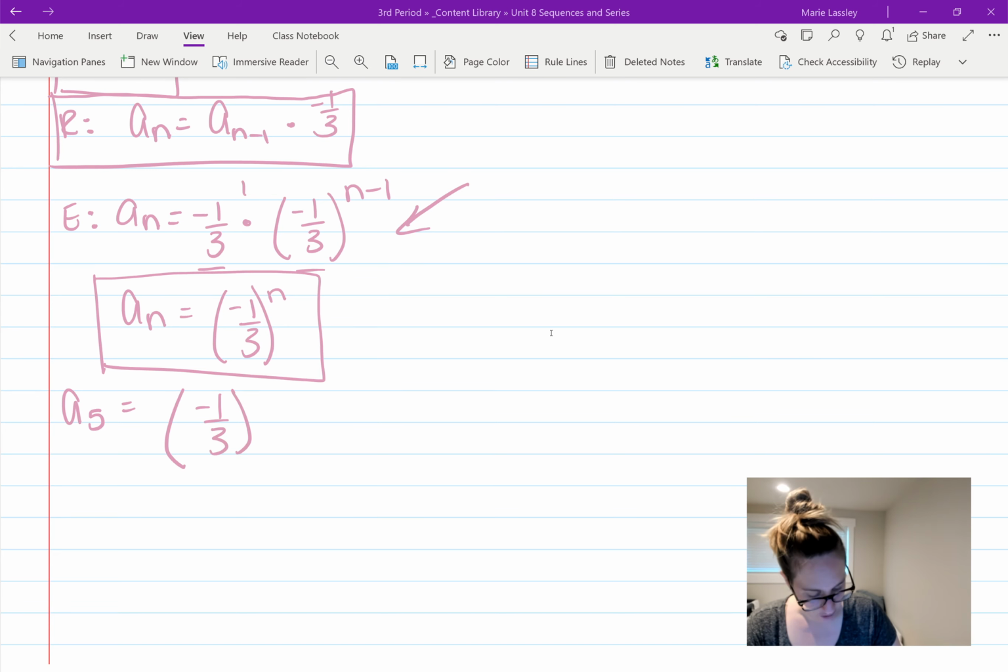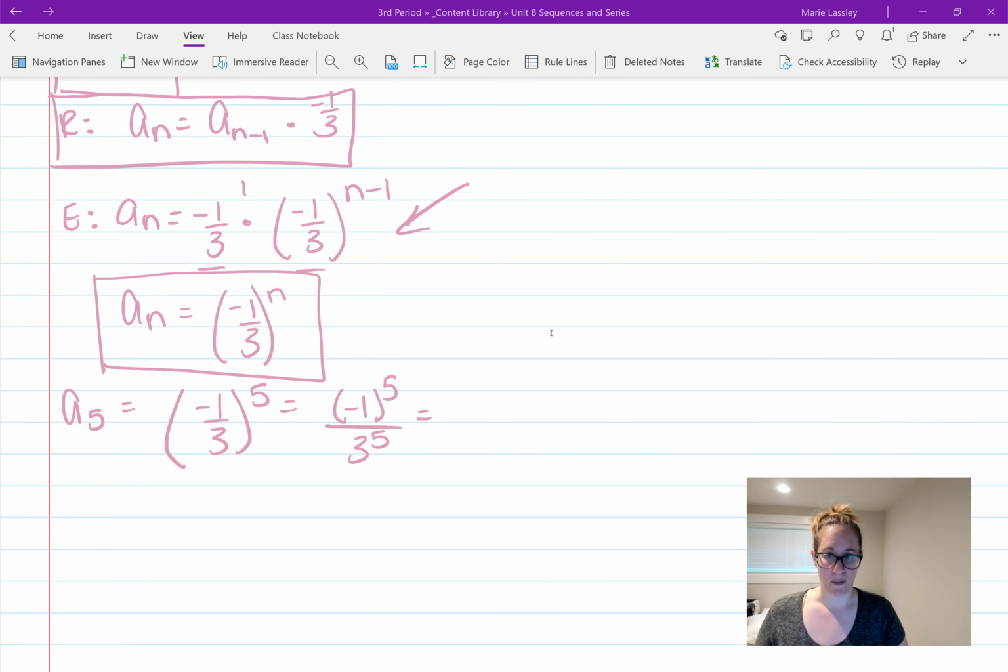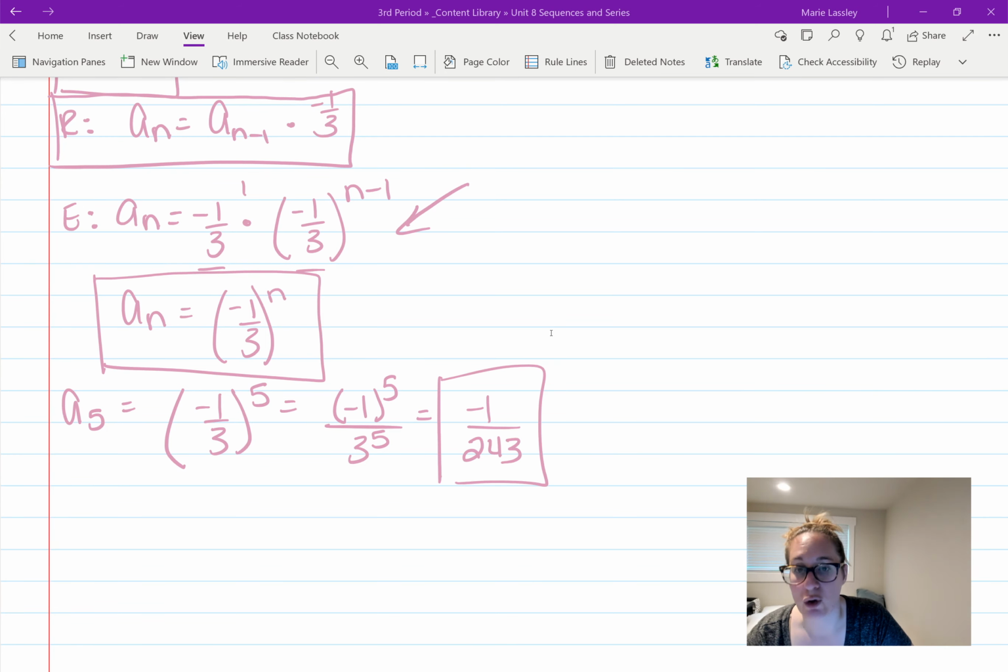What this does, remember, it takes -1 and raises it to the 5th, and then 3 and raises it to the 5th. So -1 to the 5th is -1. 3 to the 5th, I don't know what that is. 3 to the power of 5, that's 243. So my fifth term of the sequence is -1 over 243. Pretty big number. Yeah, that's it though.